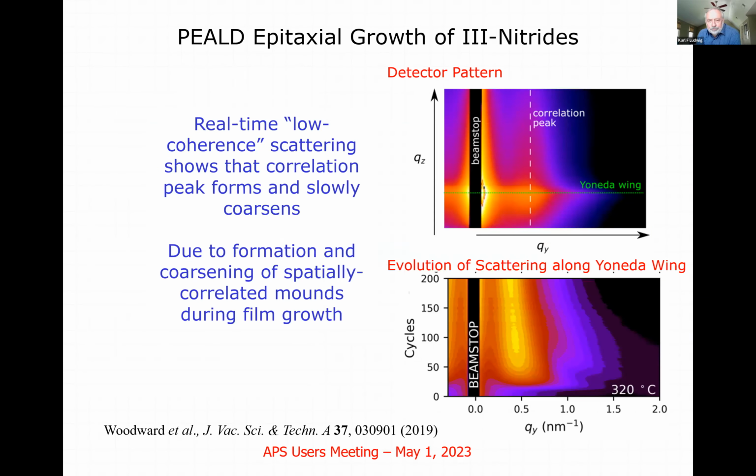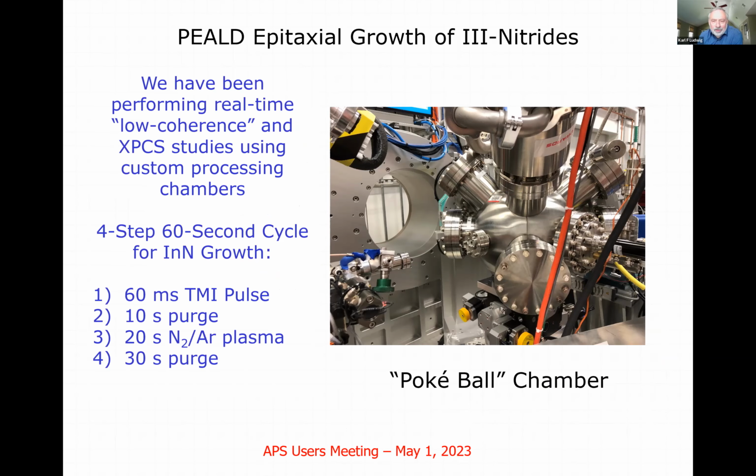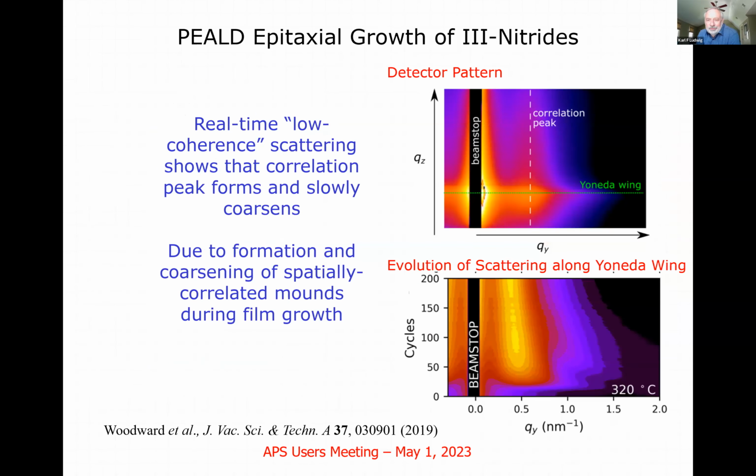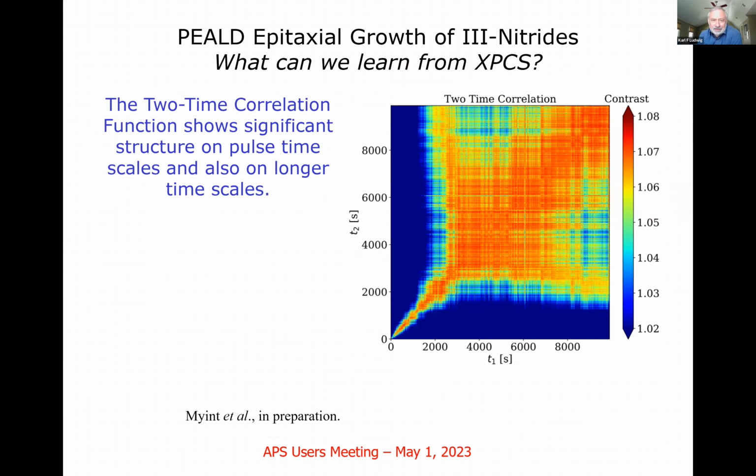And despite how beautiful this picture is of the atomic layer deposition process, in fact, the sorts of things we observe in low coherence scattering is that you get correlation peaks. In fact, you get mounding that occurs. So it's not perfectly conformal from the beginning of the process. So you get spatially correlated mounds formed during atomic layer deposition, and they coarsen during the growth process.